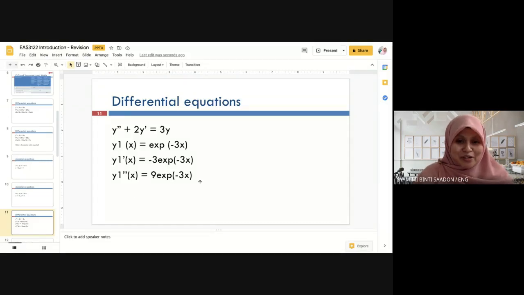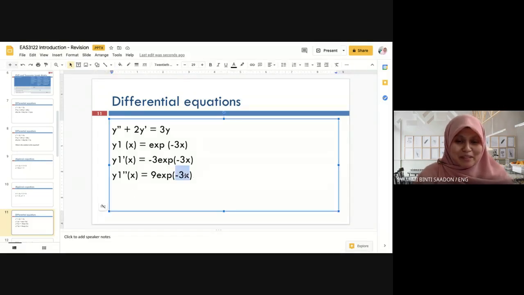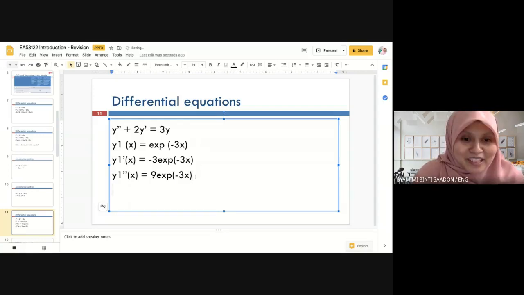Let's do it together. We have 9 exponential minus 3x plus 2 times y, and 3 exponential minus 3x.